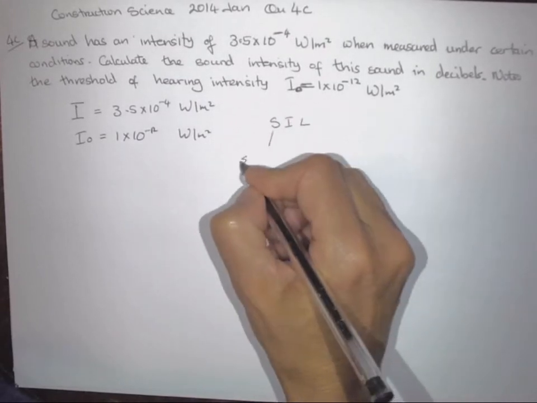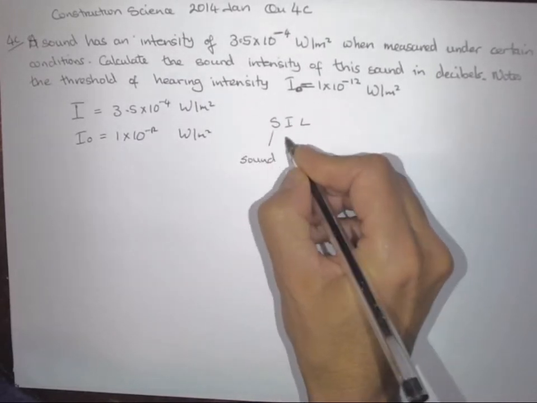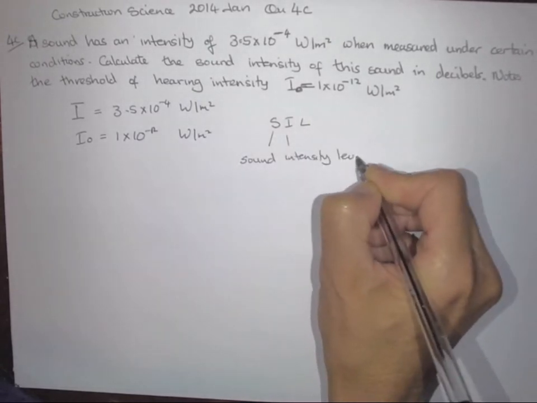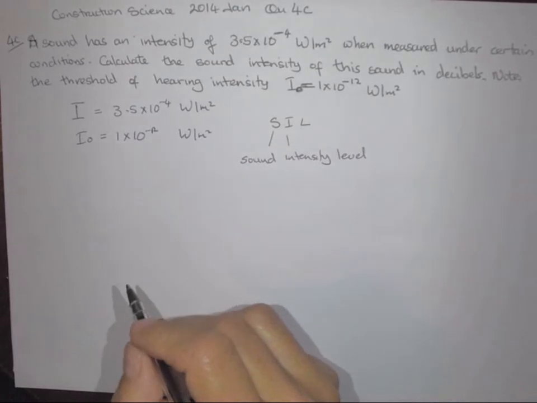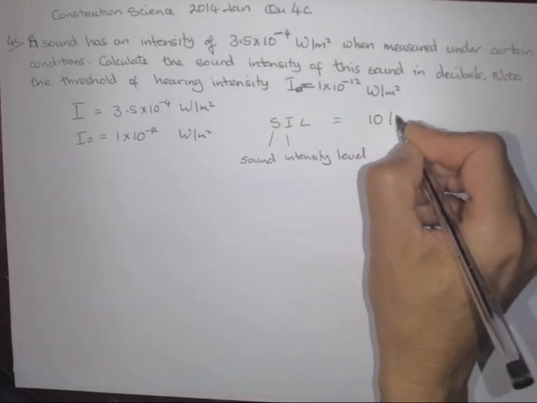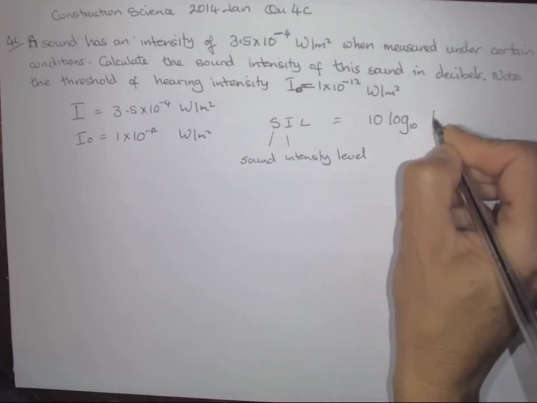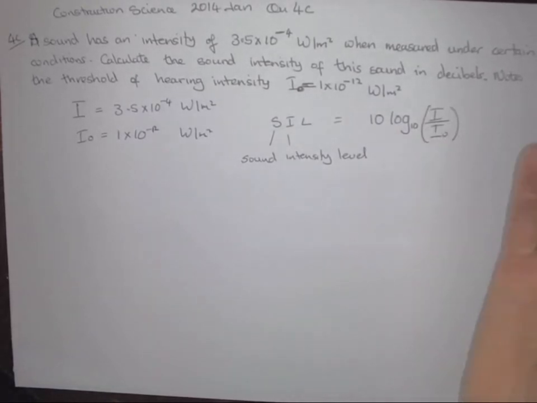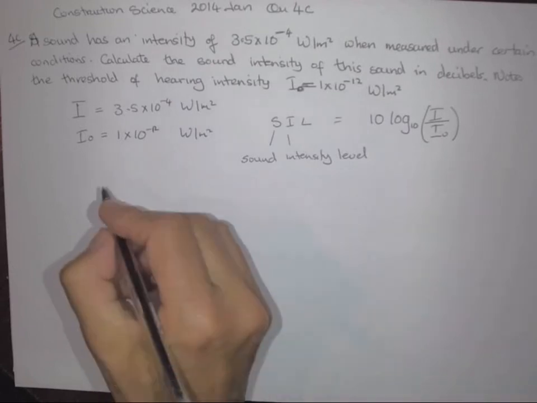And that stands for sound intensity level. All the one phrase really, sound intensity level. And that equals 10 log to the base 10 of I divided by I0. Now this is a very, very quick question to do.